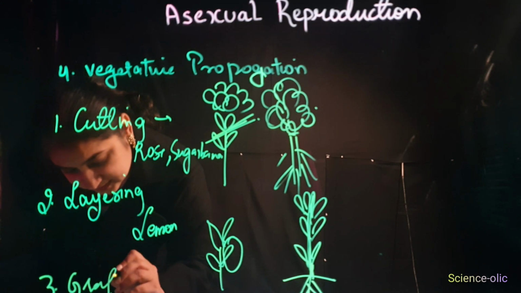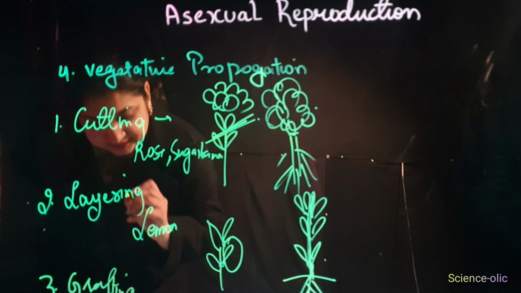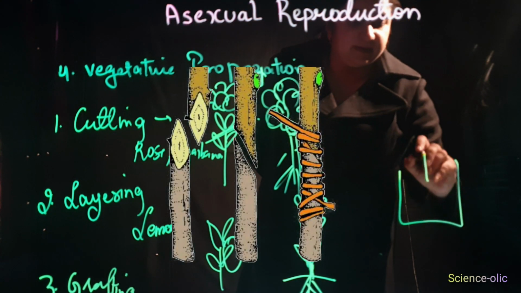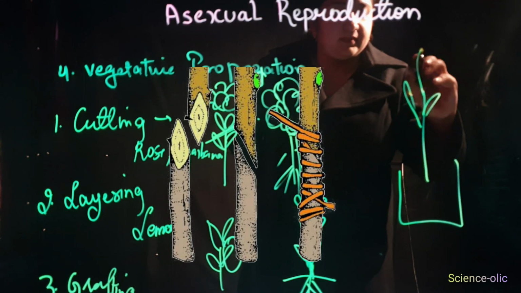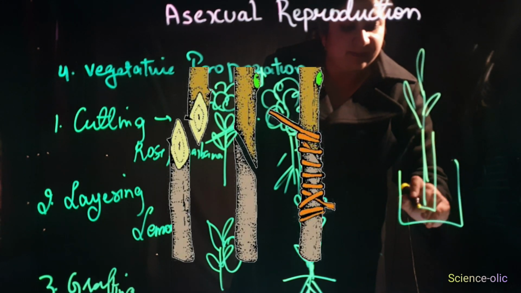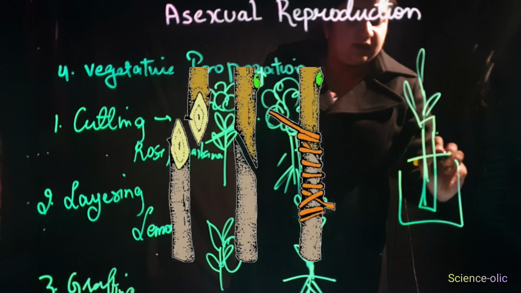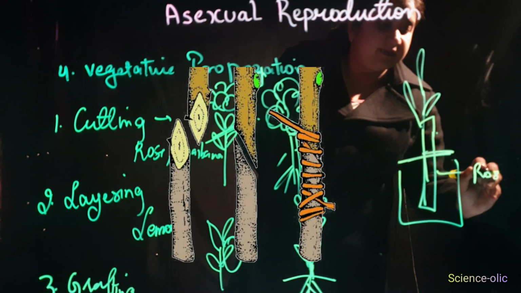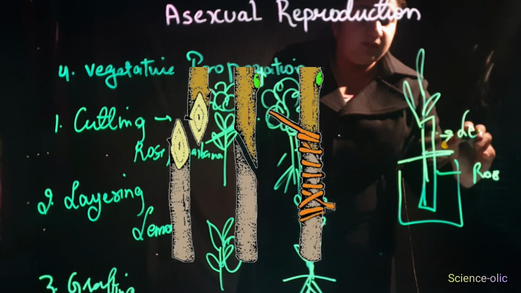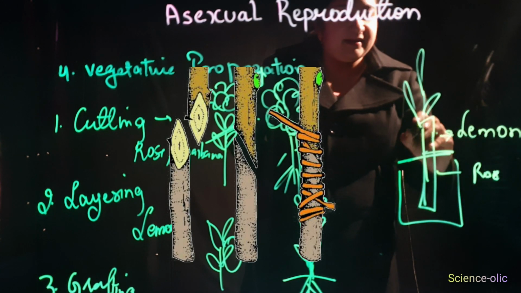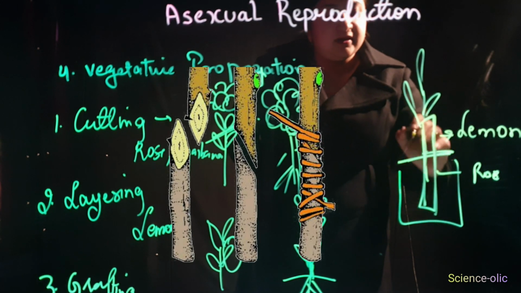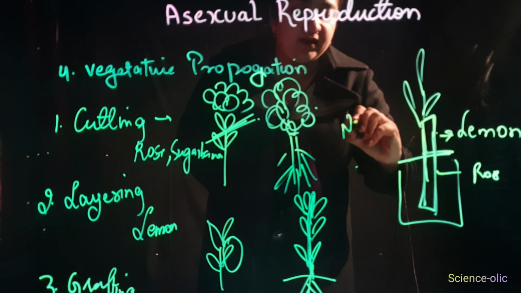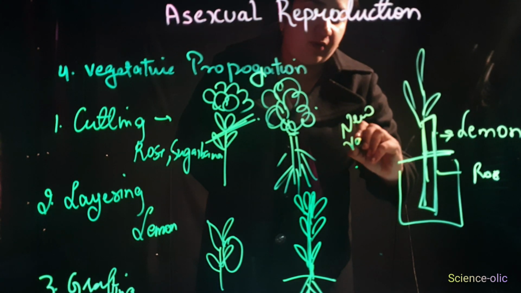In grafting, suppose this is a plant. This is its stem, and you put one stem of rose and another stem of lemon. Then both the characters will be shown in the new plant. New variants will be formed.